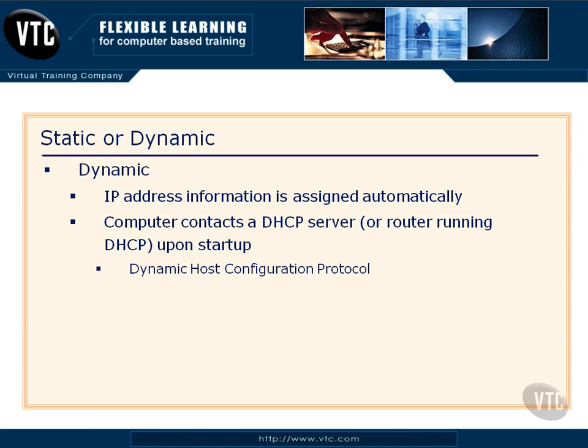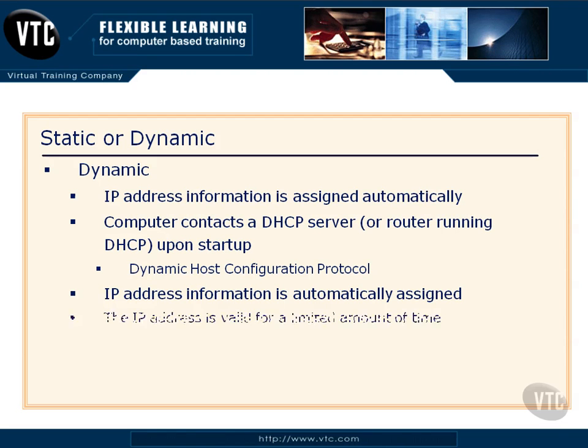And there's this little exchange of information, acknowledgments, and so forth. And at the end of this whole ordeal, the client machine that got turned on gets an IP address, subnet mask, and a default gateway, and even some other information, and it's automatically assigned.